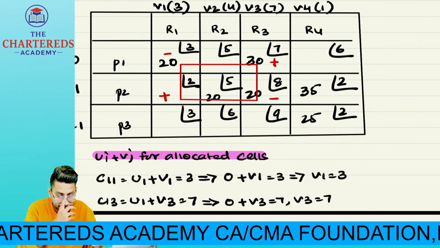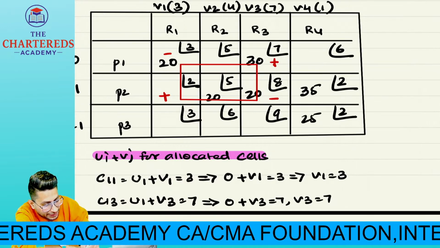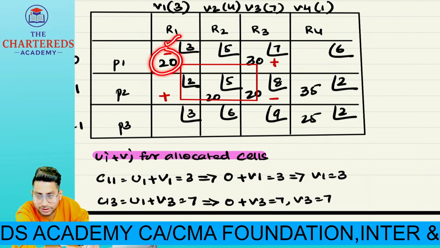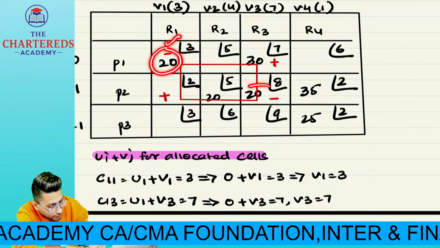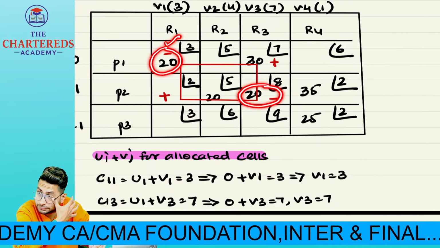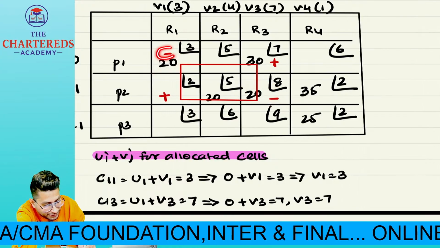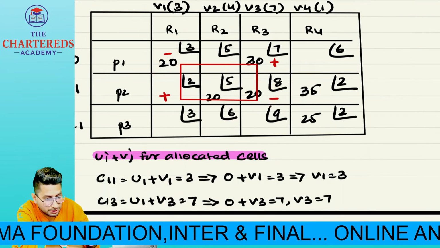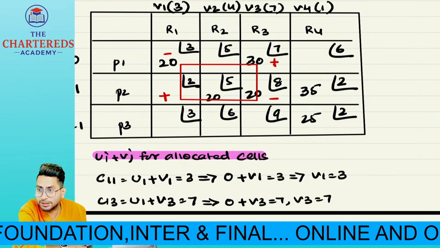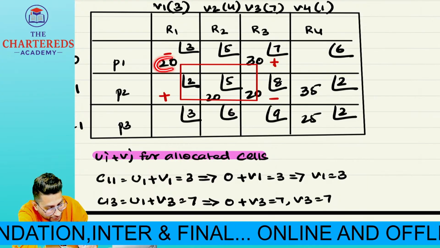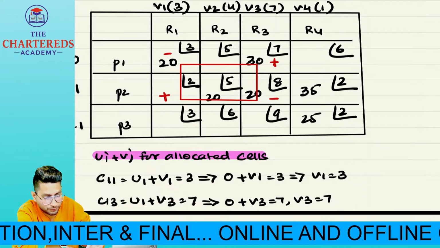Once the loop is created, now what you have to do? In the negative cells, how much allocation is there? 20. Here also in the negative cell, 20. Both are the same, right? So what we have to do now? Wherever minus sign is there, minus 20. Wherever plus sign is there, plus 20. Now see, 20 minus 20 will become 0.